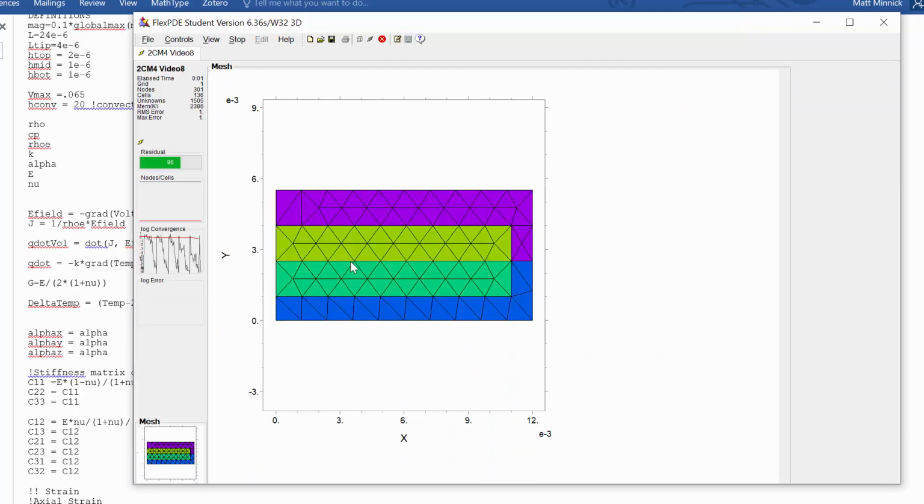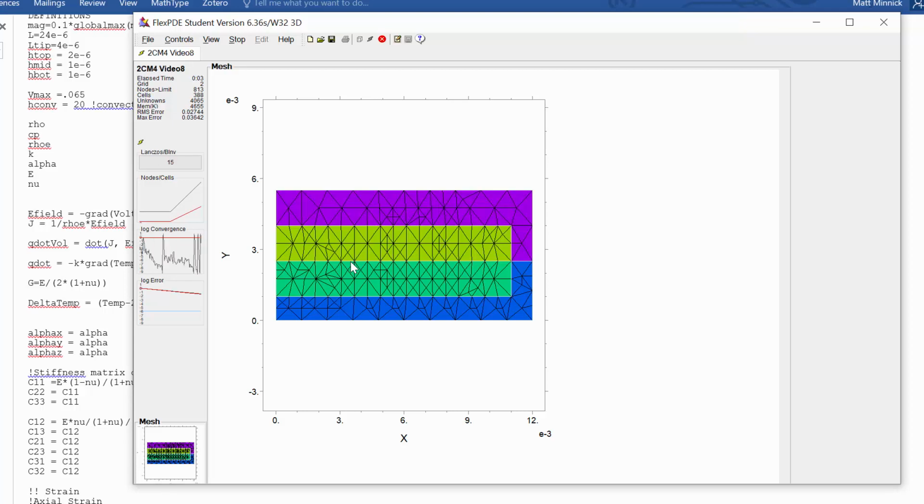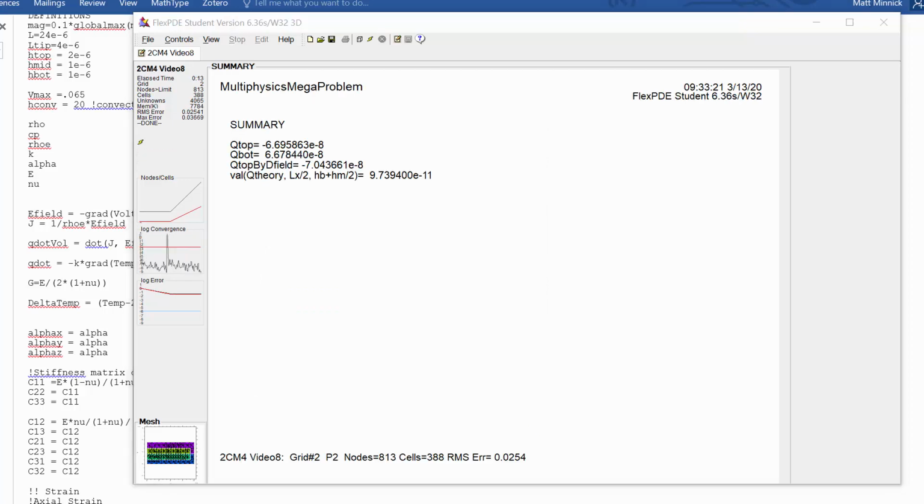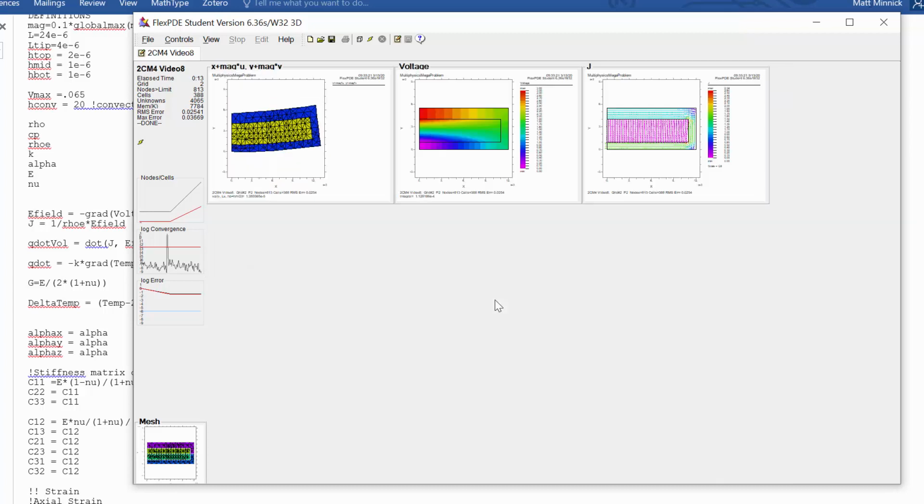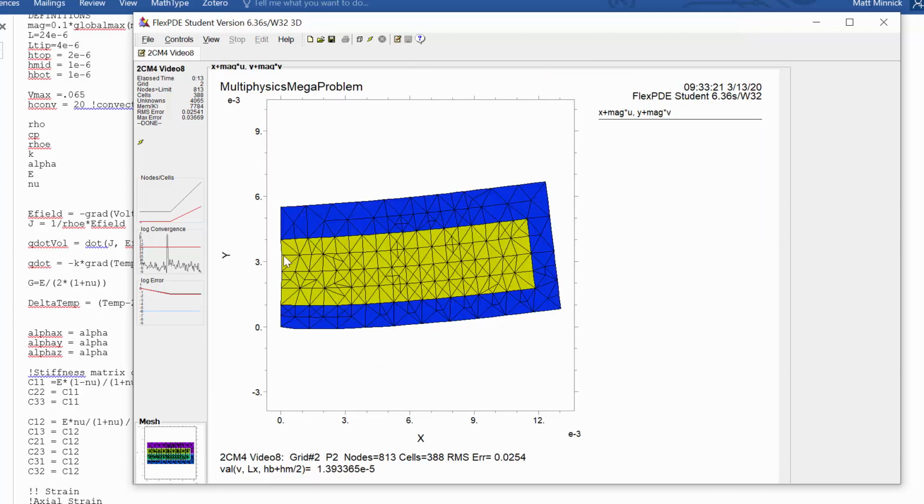Was it before again? Yes, about 6 times higher when the metal is more stiff compared to the piezoelectric and actually able to move it around as a result of this thermal expansion.